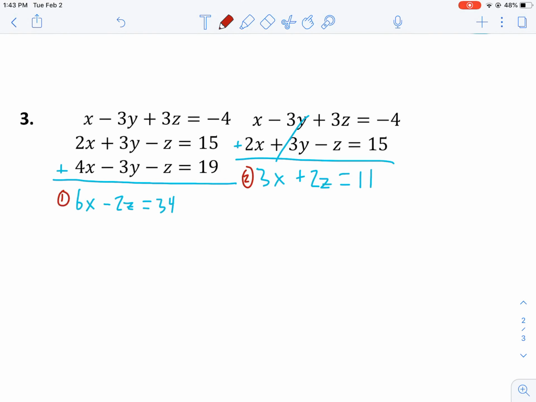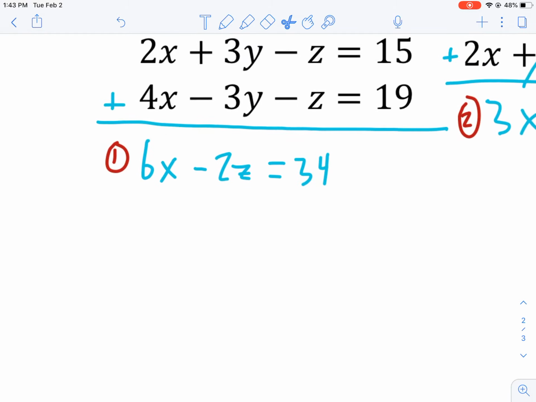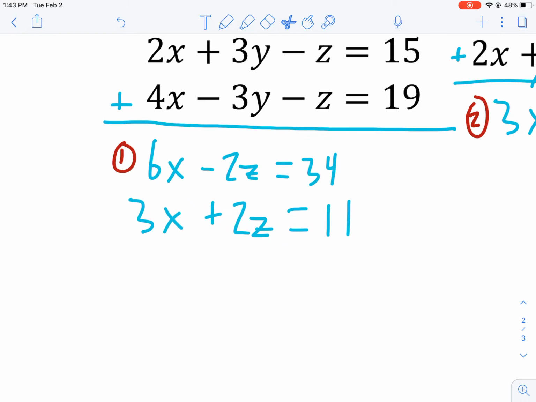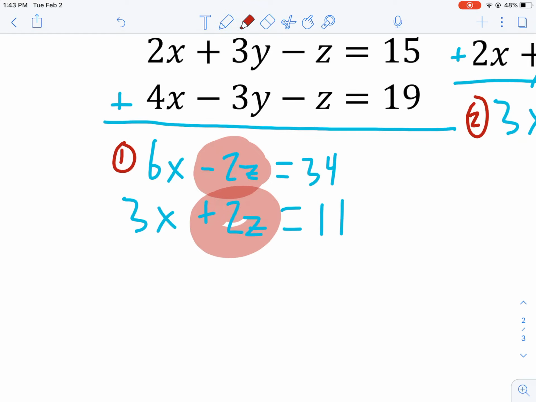So now I have two equations that both involve just x and z. So what I'm going to do with this, I'm going to take that and bring it down here. And now I'm going to do the elimination method again, because now I see, oh, look, I have negative 2z and I have 2z.